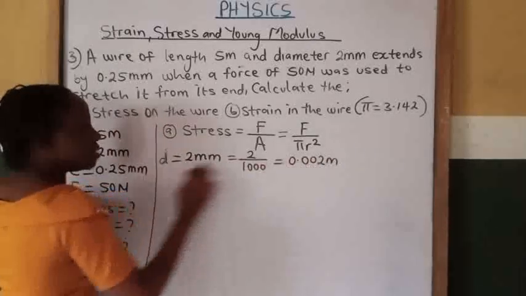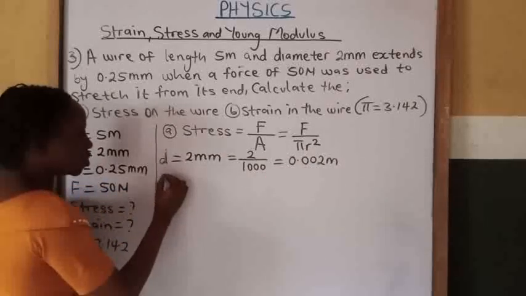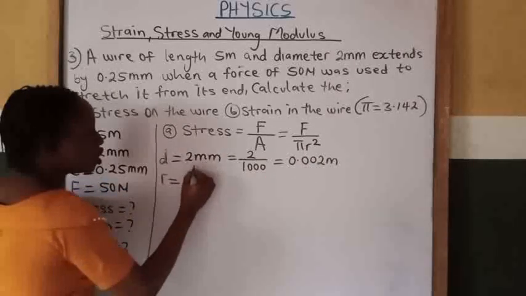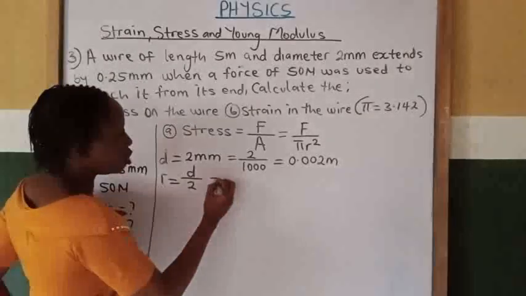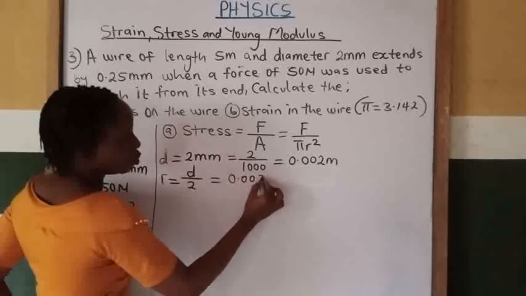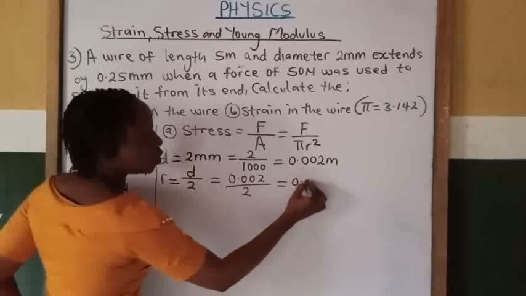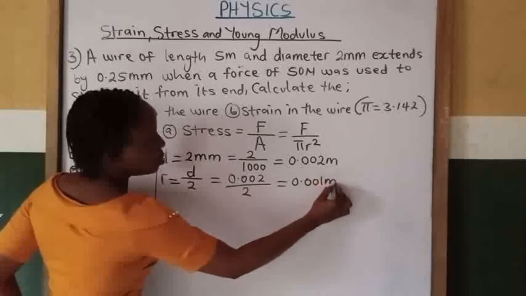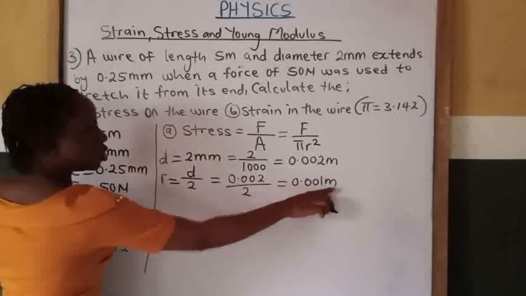To get radius, diameter divided by 2, 0.002 divided by 2 will give us 0.001 meter. So the value for radius equal to 0.001 meter.